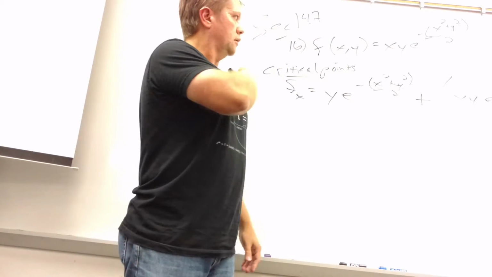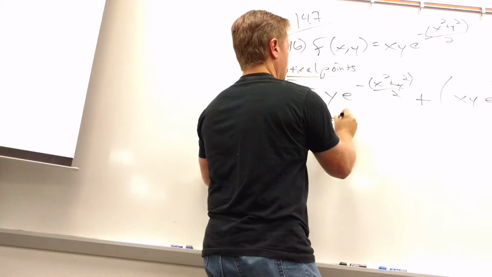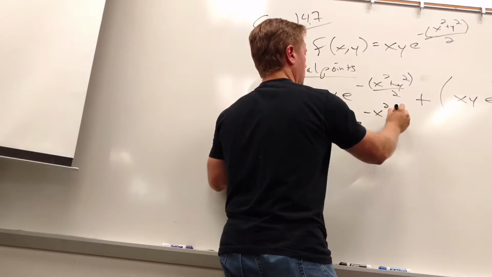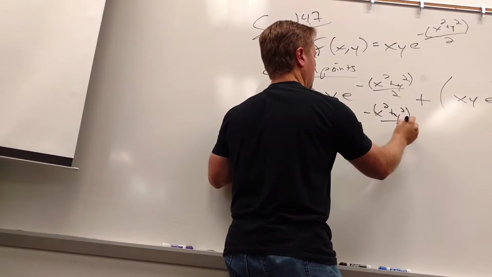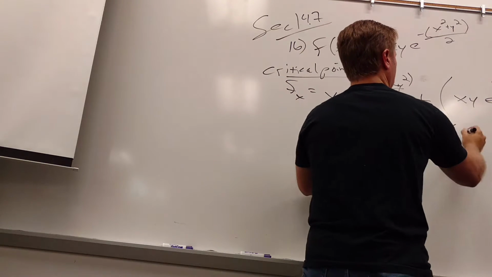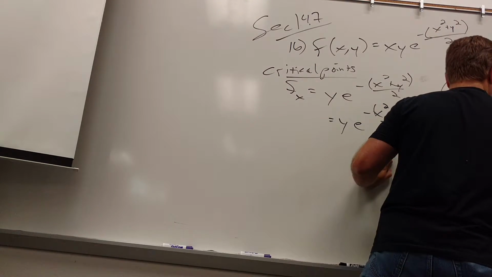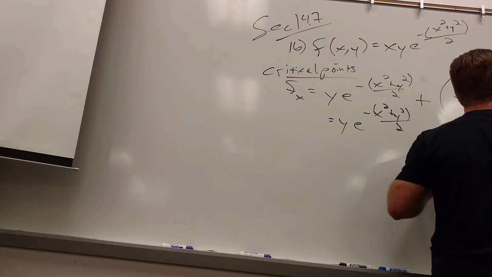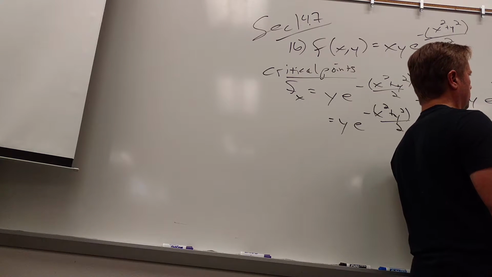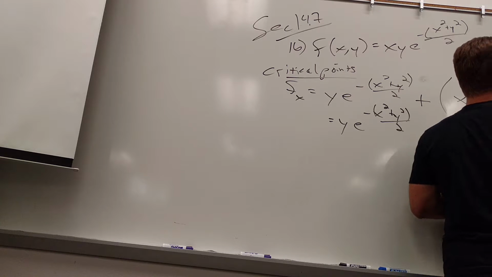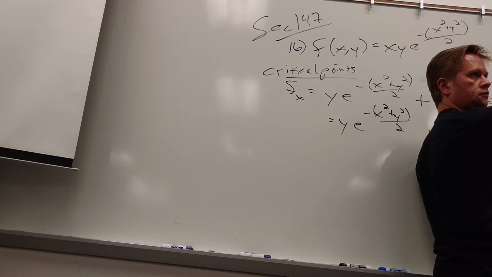All right. So then what happens there? What do you get here? Negative x. I like it. Right, negative 2x over 2?